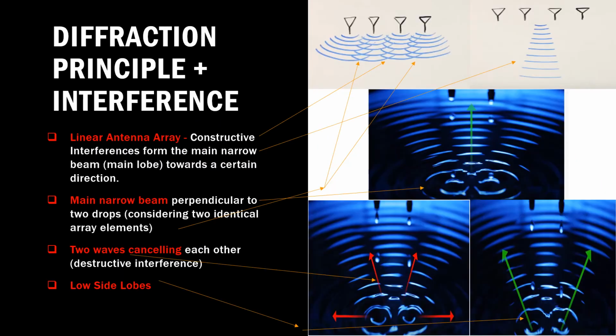In order to get the main lobe or the main narrow beam, we have to think about the diffraction principle and the interference among all the antenna elements in a linear antenna array. Each one of these antenna elements tries to send signals in a certain direction.